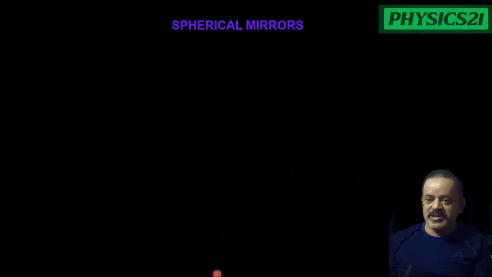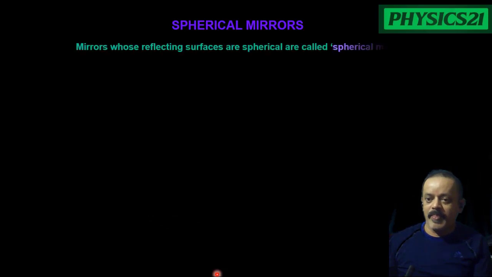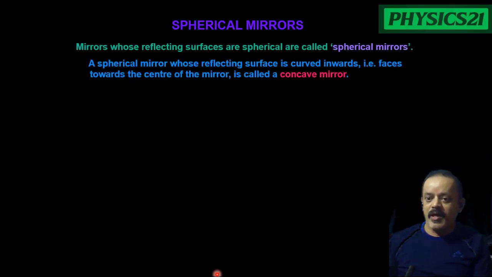Spherical mirrors. These are parts of a sphere. There are 2 types. First is the concave mirror: a spherical mirror whose reflecting surface is curved inward, that is, faces towards the center of the sphere, is called a concave mirror.